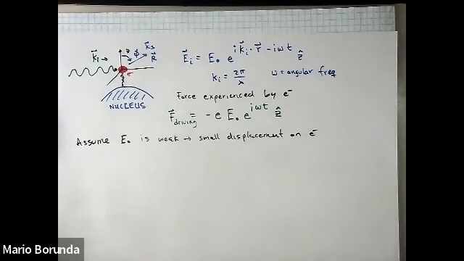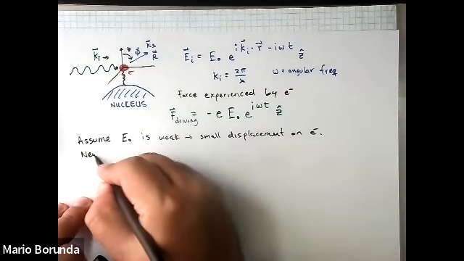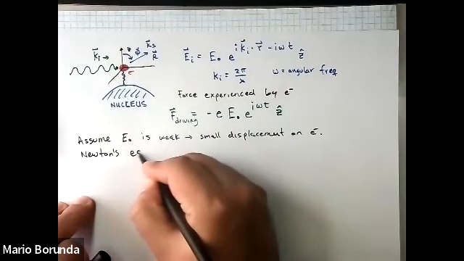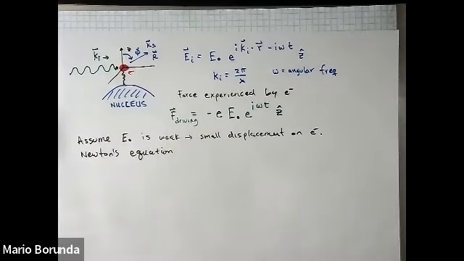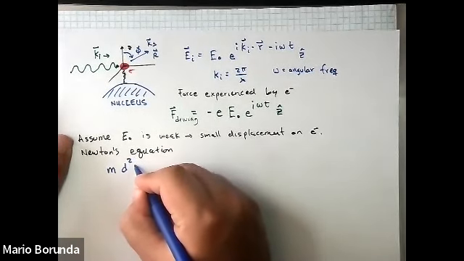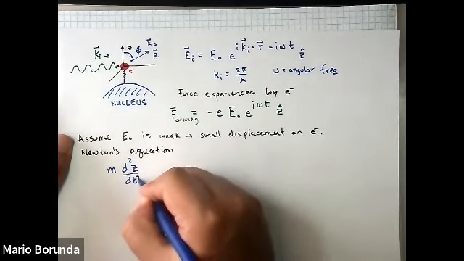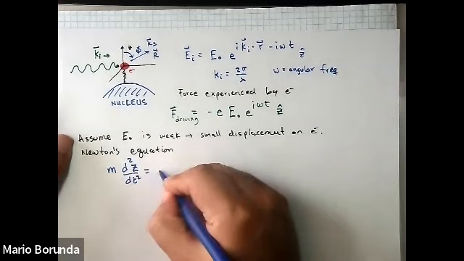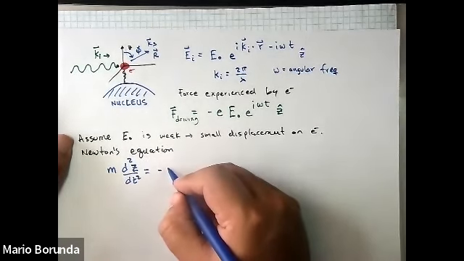And after that, we can write Newton's equation. So we would have m, the mass, times the acceleration in the z direction is equal to this force.